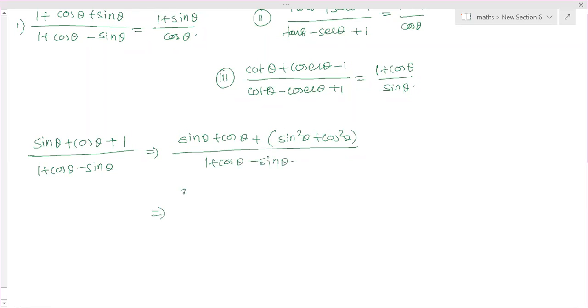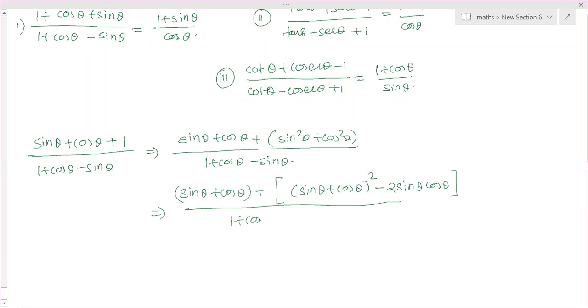So it is sin theta plus cos theta plus, here we can write as a plus b whole square, sin theta plus cos theta whole square minus 2 sin theta cos theta, divided by 1 plus cos theta minus sin theta. Then we have taken sin theta plus cos theta common.